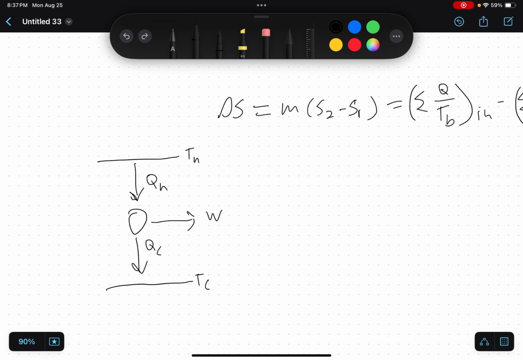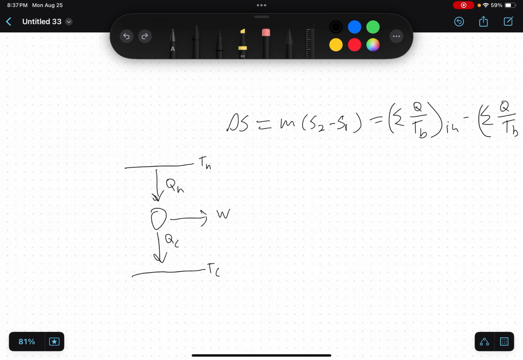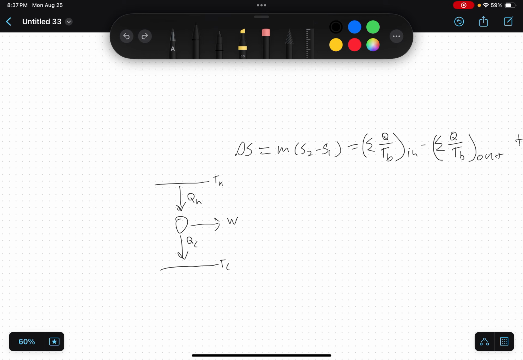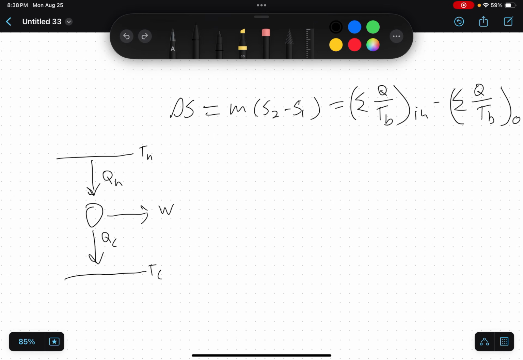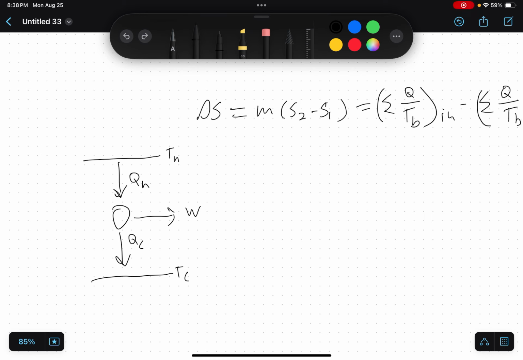Because it's not 100% and it is dependent on the hot and cold temperatures that the energy comes from. So what's the math for that? A normal efficiency of this engine would be the amount of useful work it produces over the total amount of energy you put in, which is Q hot.